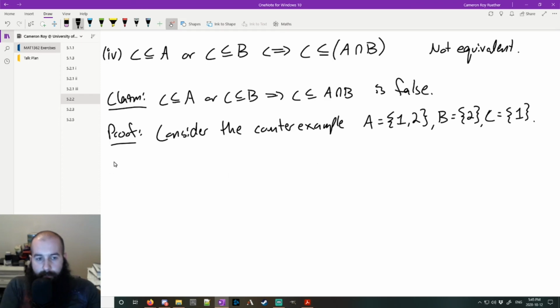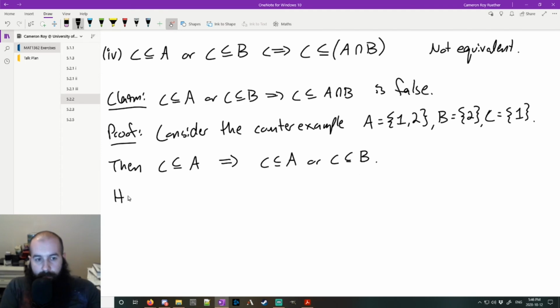So then, C is a subset of A, since the only element it contains is also contained in A. And therefore, C is a subset of A, or C is a subset of B. Since the first part is true, the entire OR statement is true.